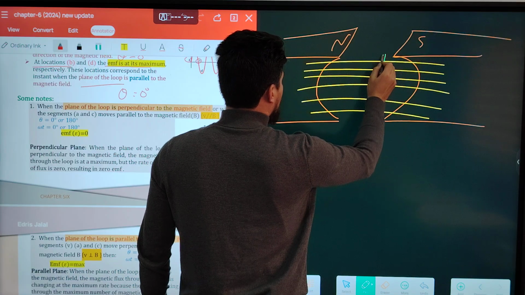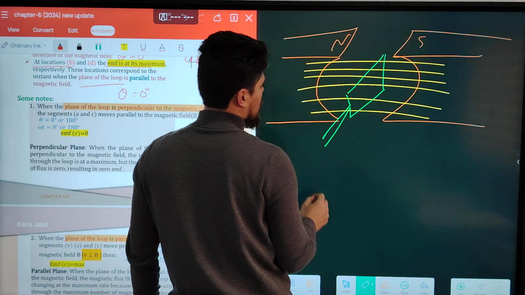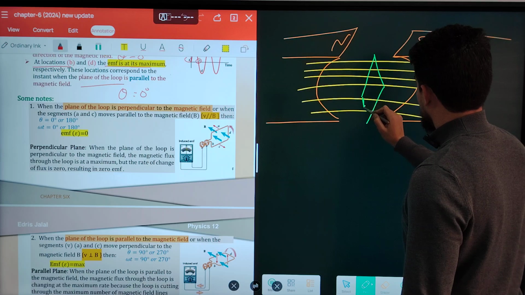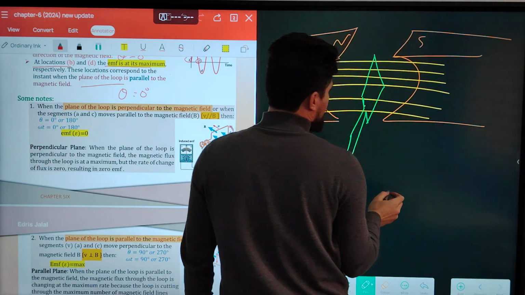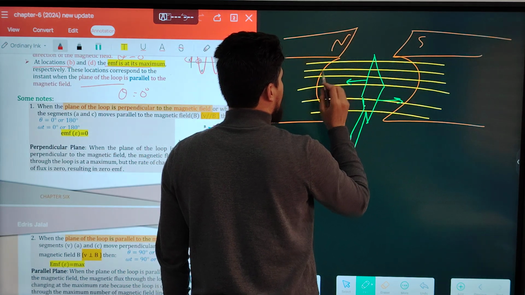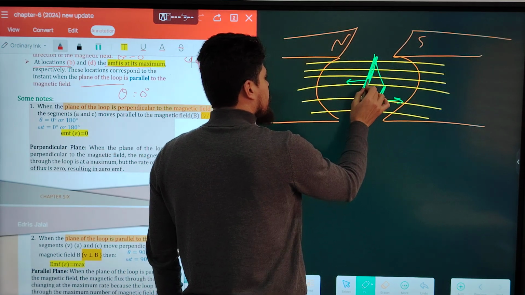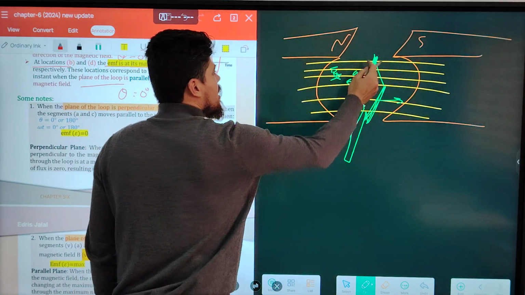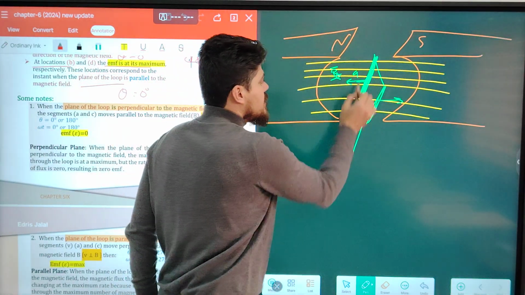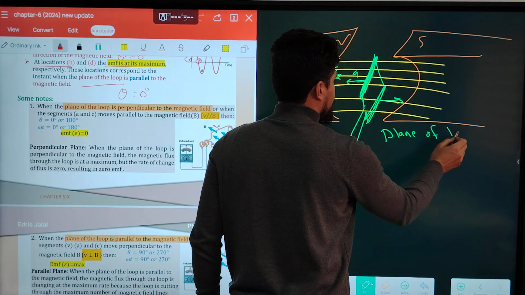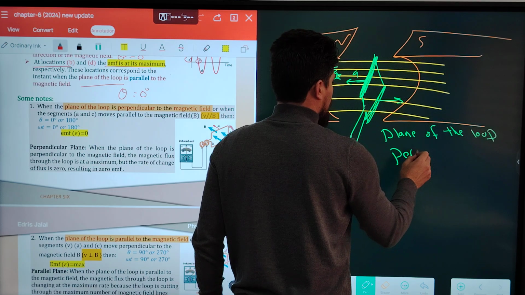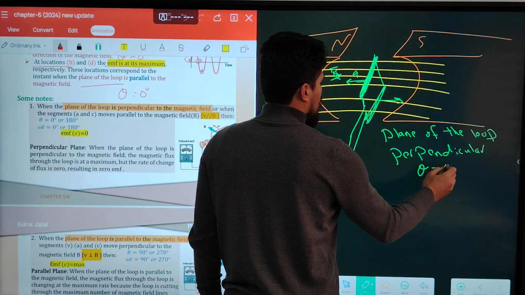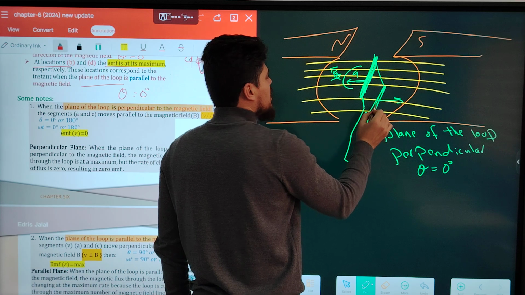When the plane of the loop is perpendicular, the movement of this wire is parallel to the direction of the field. When the plane of the loop is perpendicular, the angle is 0. So the movement of this wire is parallel.